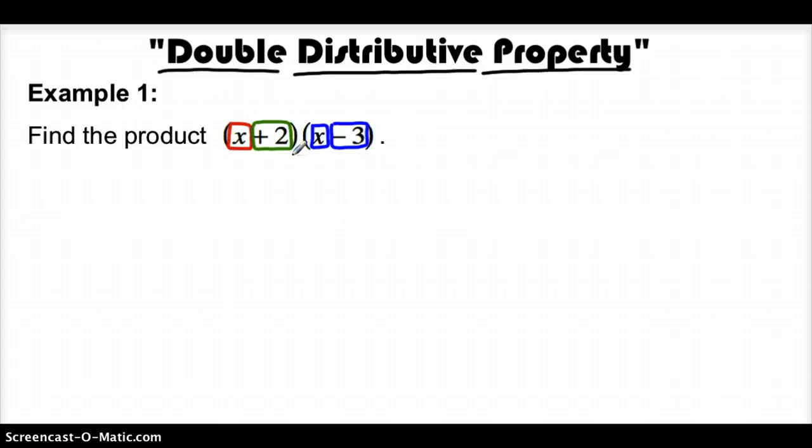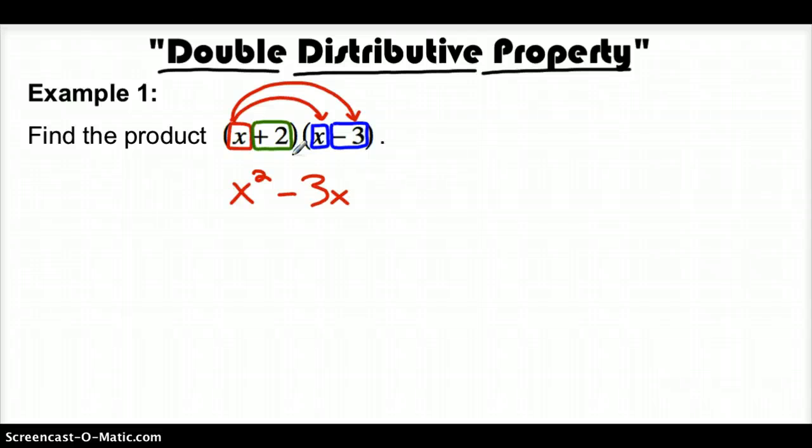We're first going to take the x and multiply it by this x, right? x times x is going to give us x squared. Then we're going to take that x again and multiply it by this negative 3, so x times negative 3 is going to give us a negative 3x.